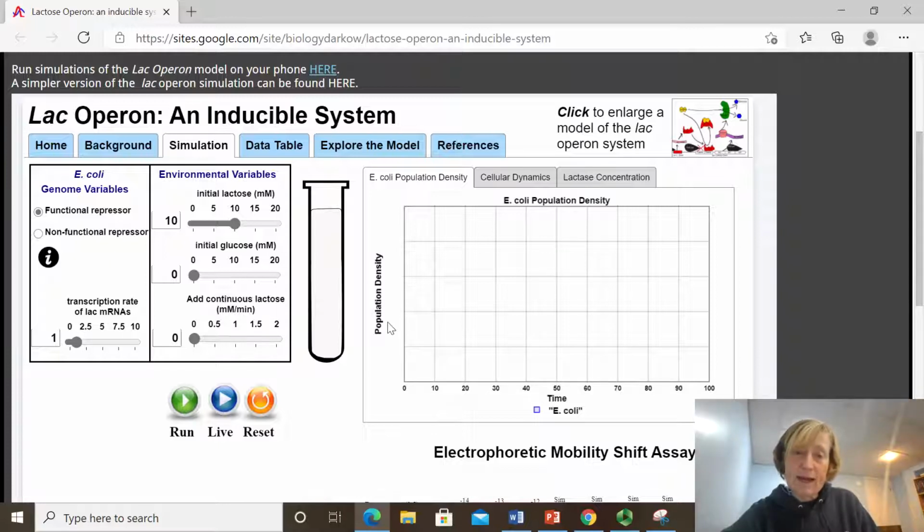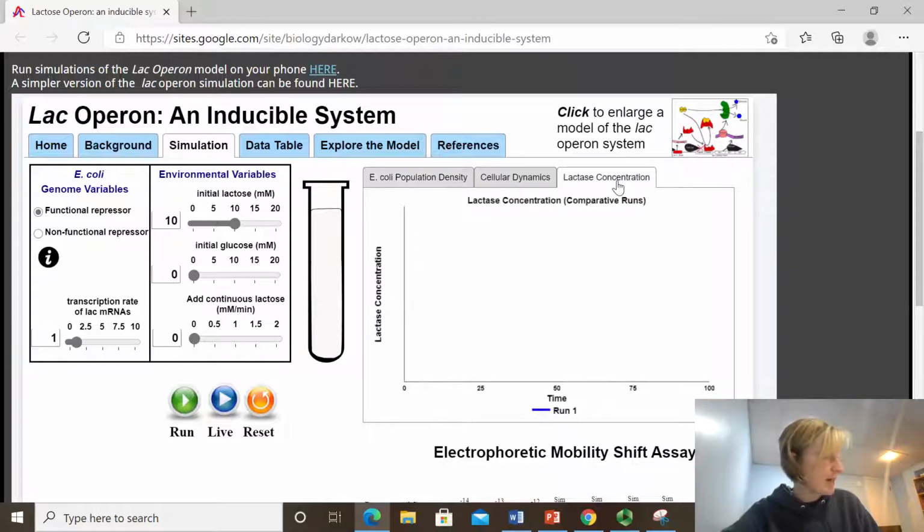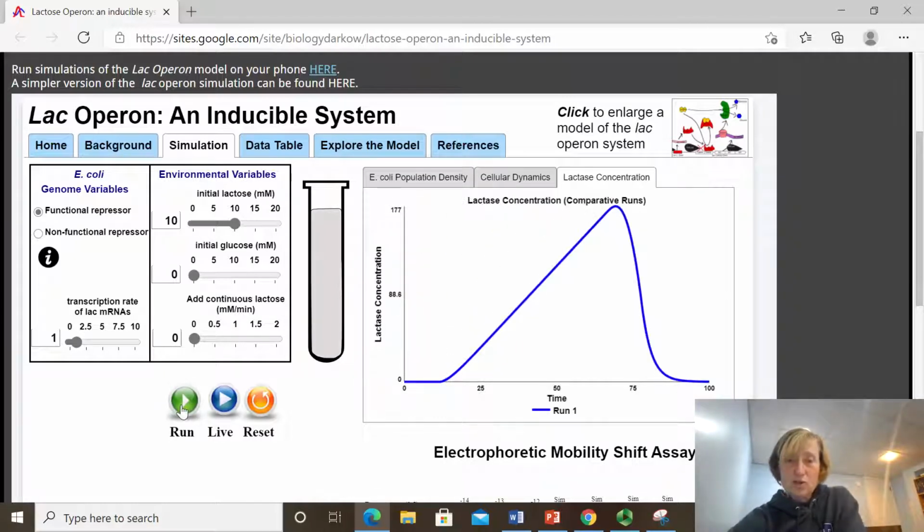And we're going to be taking a look at lactase concentration. That's the same thing as beta-galactosidase concentration. And we're going to run this and see what happens. We're measuring here the lactase concentration over time, and we watch this for 100 minutes.